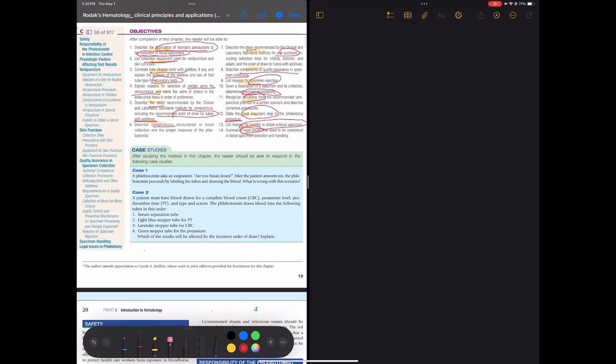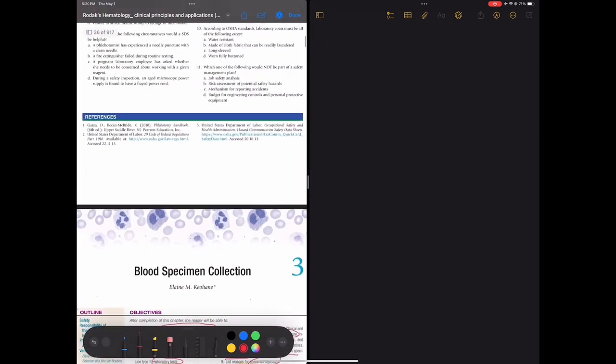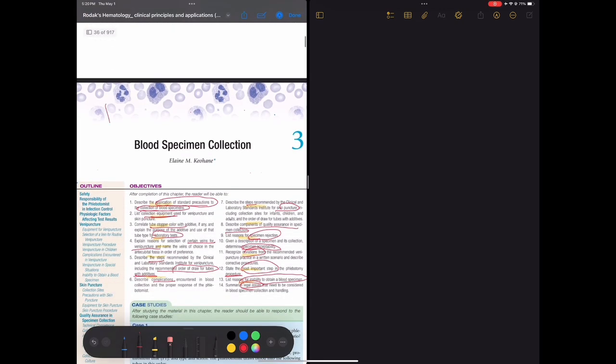Now, before we proceed to the first chapter, let me share that phlebotomy means to cut veins. It is the process where you collect blood.